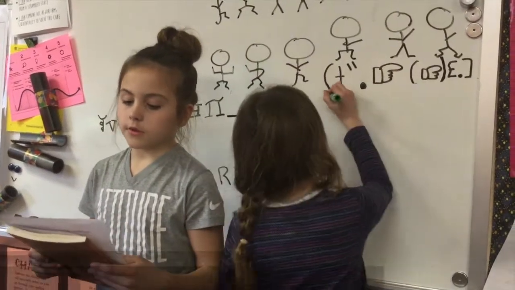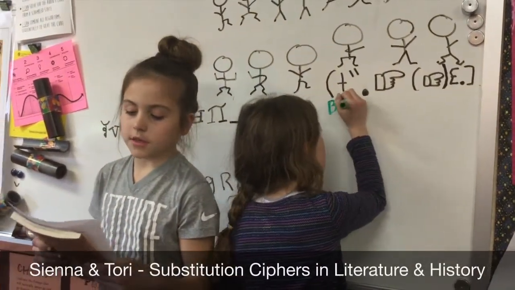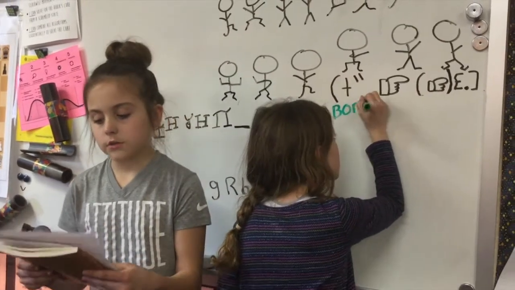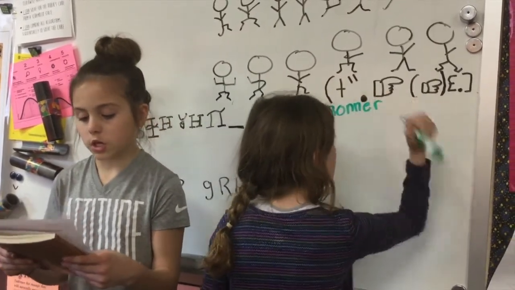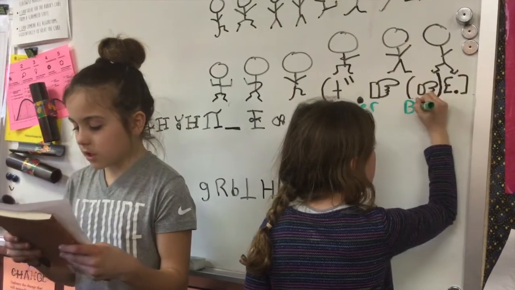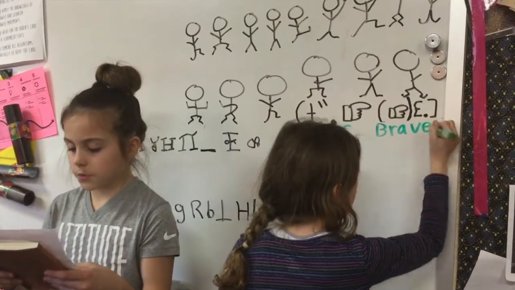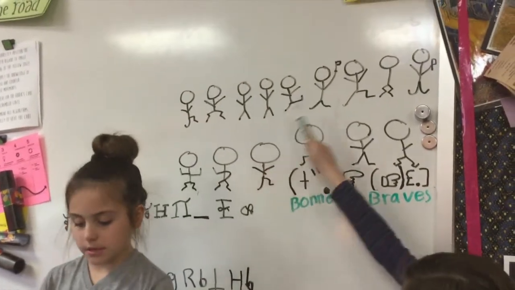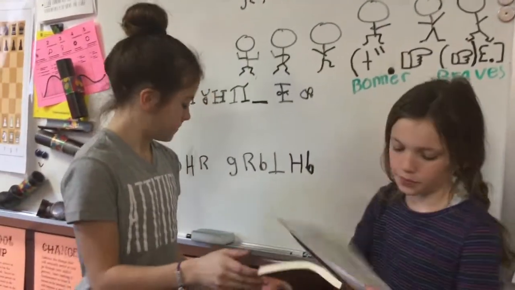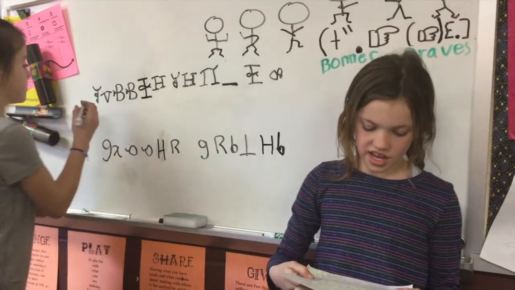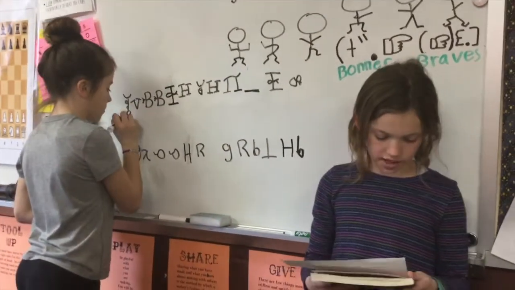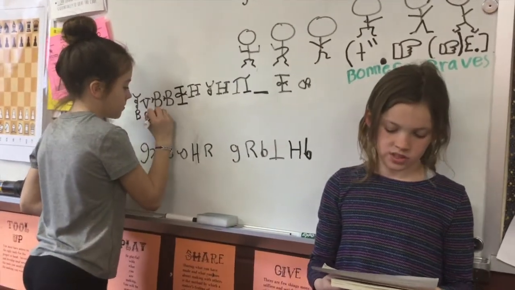We will be sharing with you the substitution cipher in literature and history. Edgar Allan Poe used the substitution cipher with punctuation. Arthur Conan Doyle had Sherlock Holmes put his skills of deduction to work in The Adventure of the Dancing Men. The substitution cipher was attributed to Charlemagne, who ruled in the 8th and 9th century.